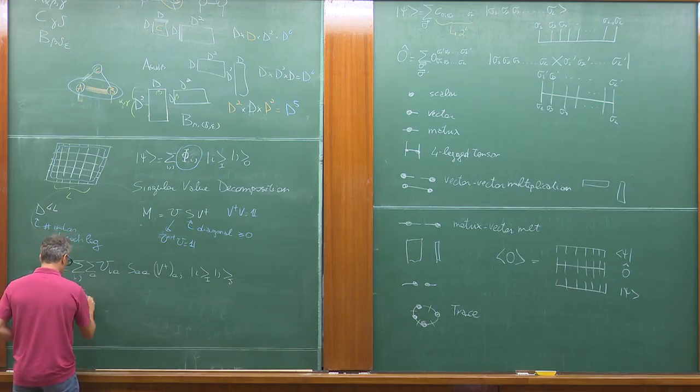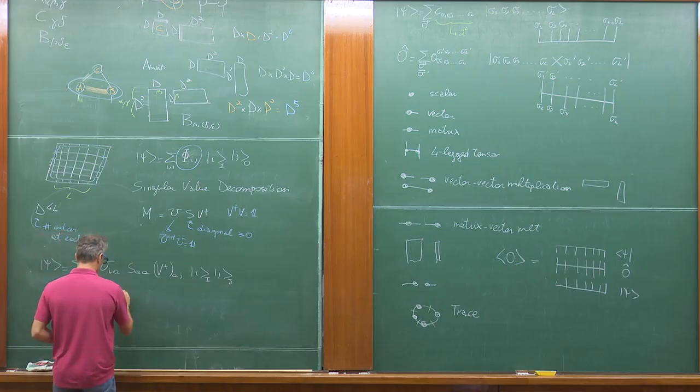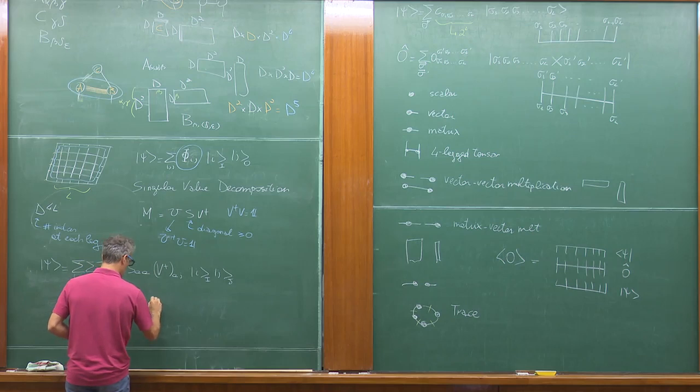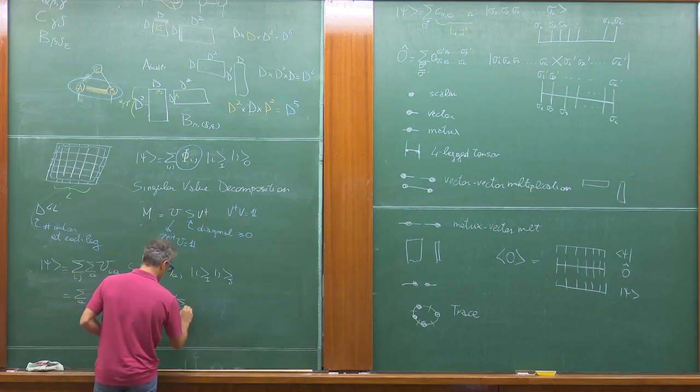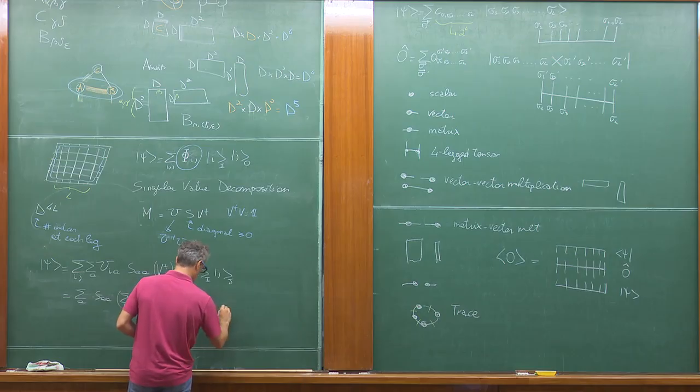So I will have a sum over a of S_a, capital S_a. And then I have a sum over i of U_ia, |i> internal, times a sum over j of V dagger_aj, |j> outside.